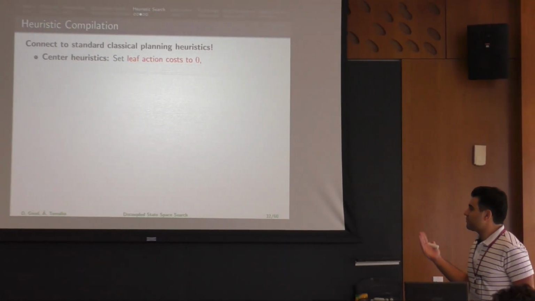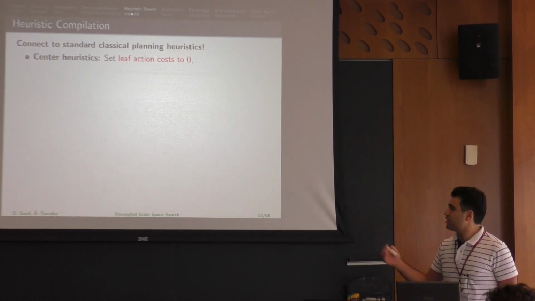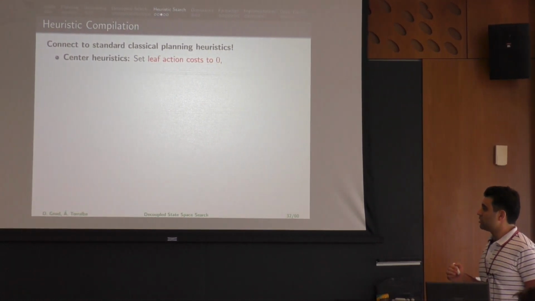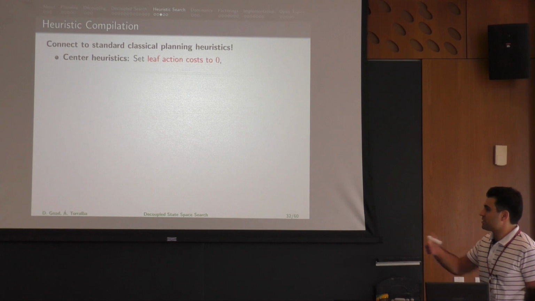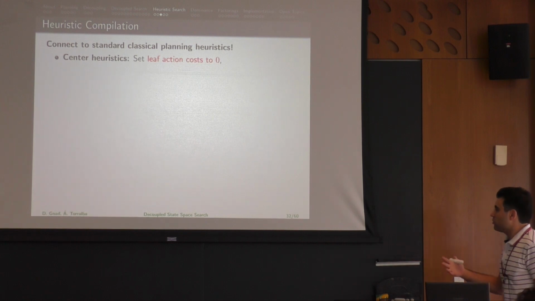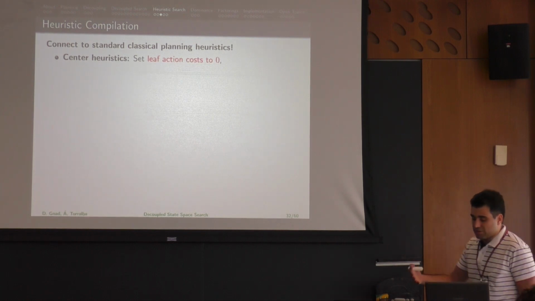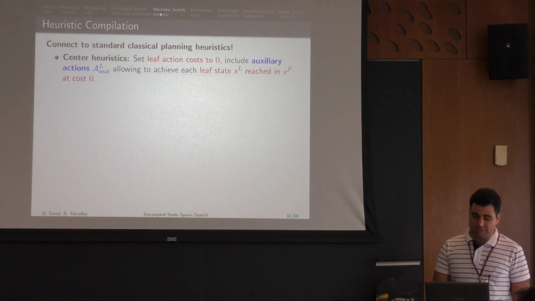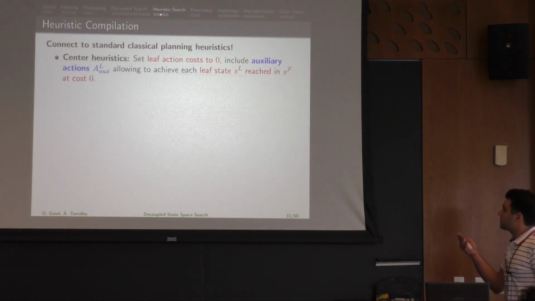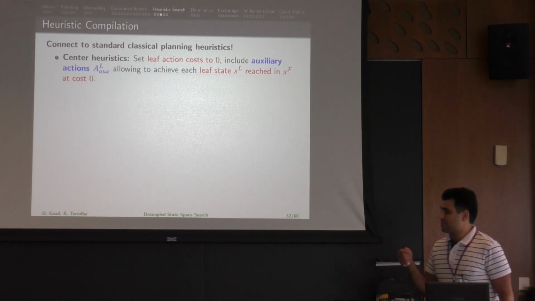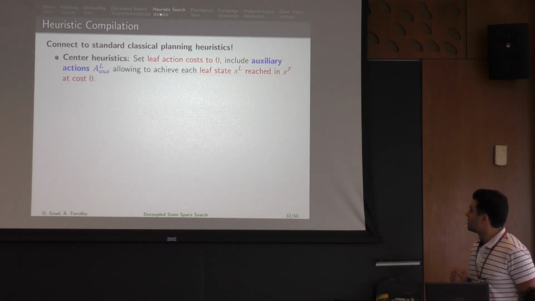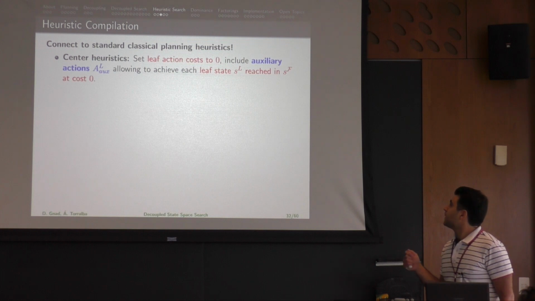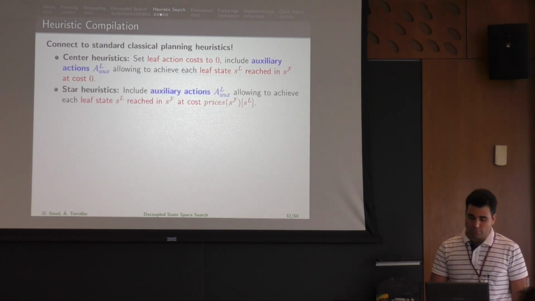The intuition behind this is that we have already achieved all these states via the center path that we have taken, so we can allow the heuristic to achieve them for free. In the center heuristic, all these auxiliary actions that achieve these leaf states will cost 0.